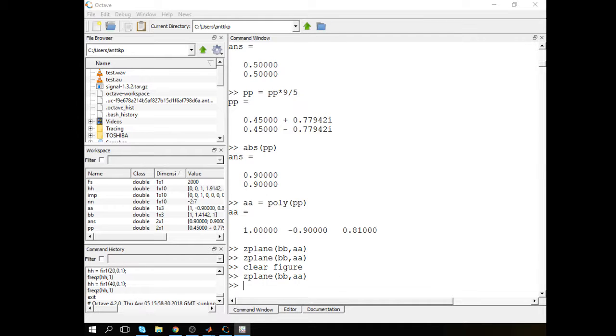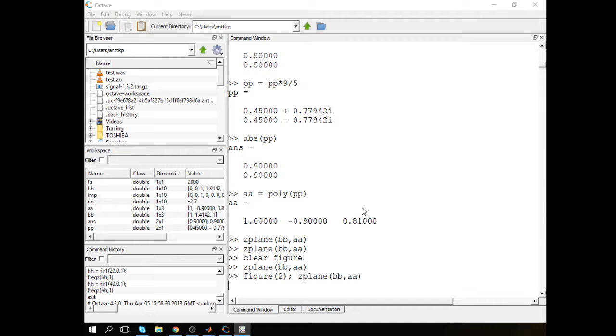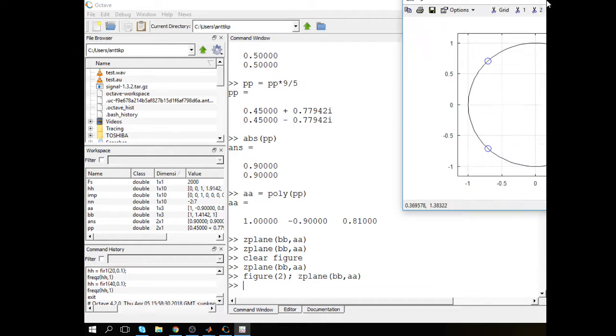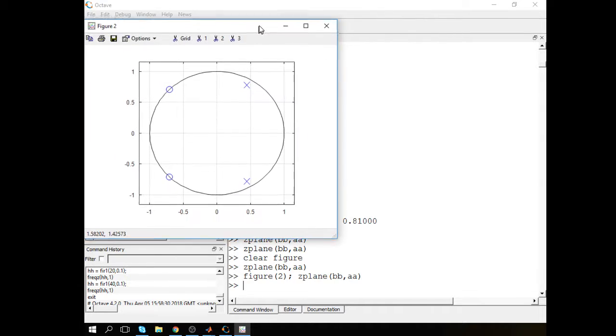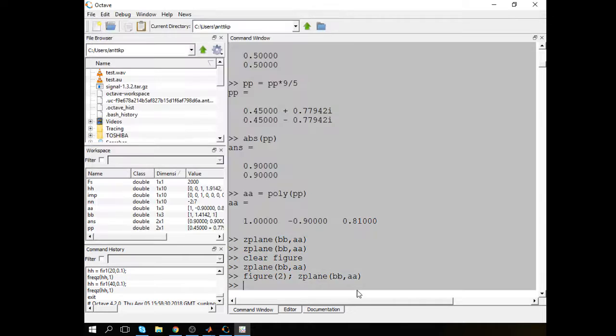No, it still does it. I'll do it on figure 2. There, much better. Okay, so those are my new locations of the zeros and poles.